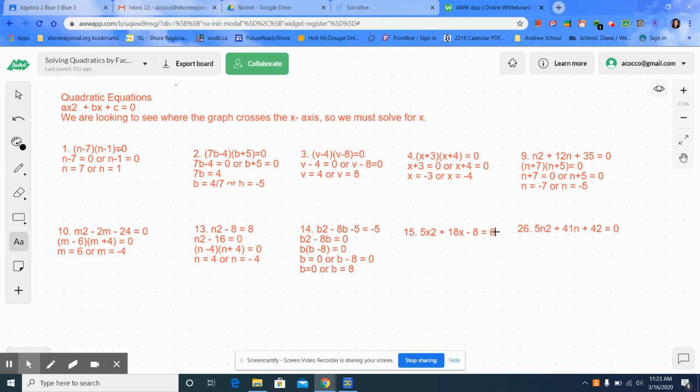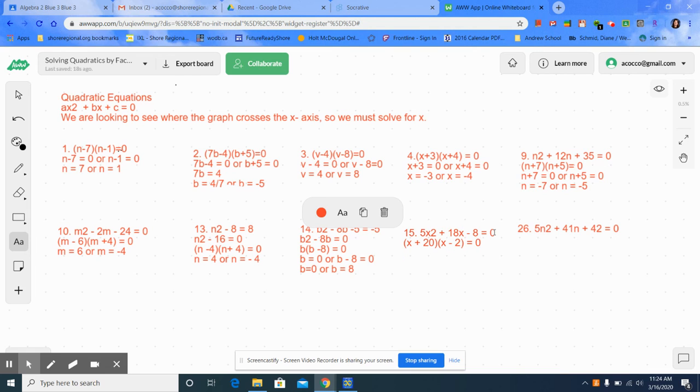For the next one, this is a slide and divide. When we go through all of our steps, we have to see 5 times negative 8 is negative 40. What multiplies to negative 40 and adds to 18? So this would be x plus 20 and x minus 2.